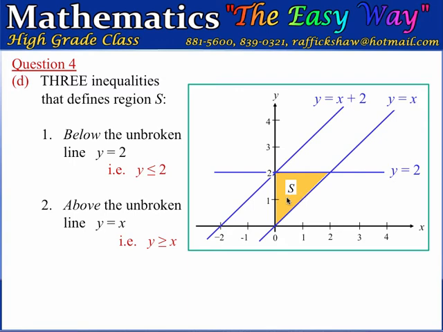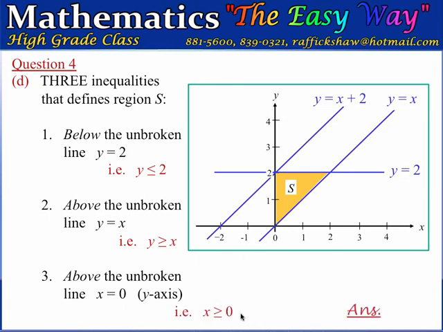And so in relation to the y-axis, which is the line x equals 0, the shaded region is taken as being to the right of the line x equals 0, because as I said, in this region x values will be greater than 0, and on this y-axis x values will be equal to 0. And so the shaded region, including the line, will be such that x values will be greater than or equal to 0. And so that is the answer for this part of the question.